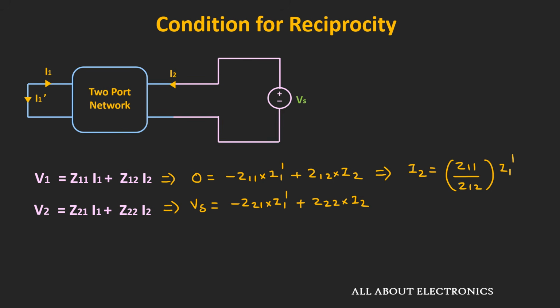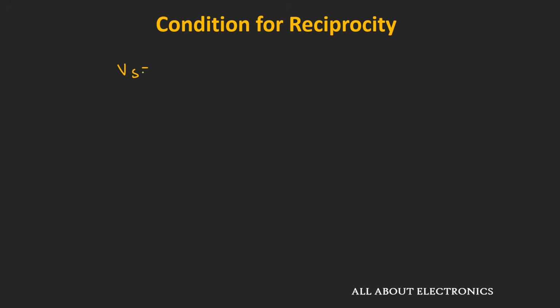dash. And if we put the value of current I2 in the second expression, then we can write voltage Vs is equal to minus Z21 times I1 dash plus Z22 times Z11 divided by Z12 times I1 dash.